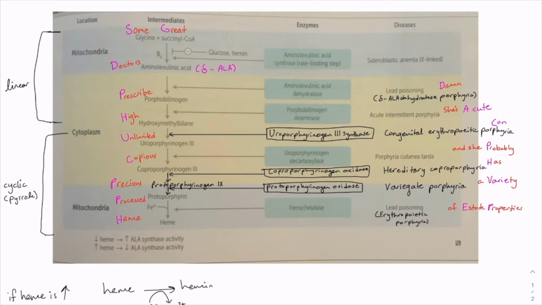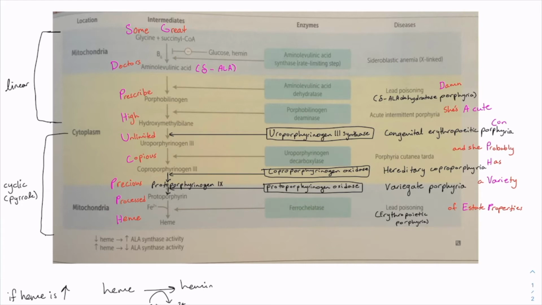Now, after that, we isomerize and cyclize this hydroxymethylbilane into uroporphyrinogen 3 using uroporphyrinogen 3 synthase. After that, decarboxylation of the acetate groups in this uroporphyrinogen 3 occurs using the enzyme uroporphyrinogen decarboxylase to give us coproporphyrinogen 3.